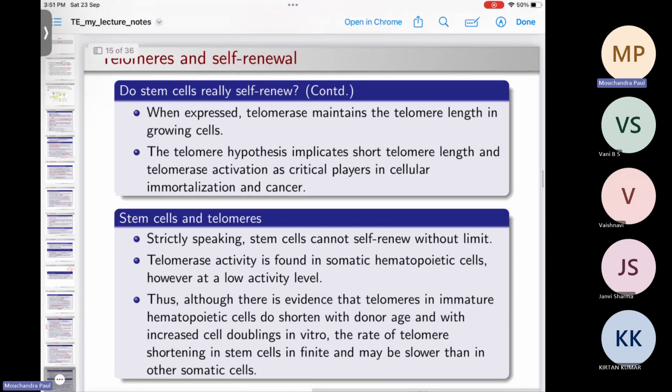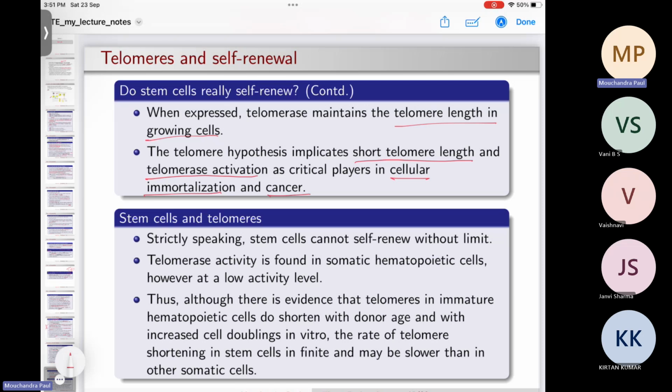Now, do stem cells really self-renew? We are continuing with that. When telomerase is expressed, it is going to maintain the length of the telomere. The telomere hypothesis implicates short telomere length and telomerase activation as critical players in cellular immortalization and cancer. If you remember, immortalized cell lines are the continuous cell lines.